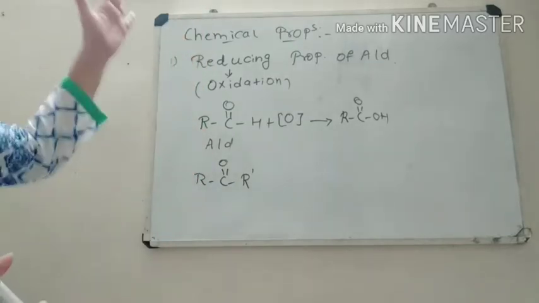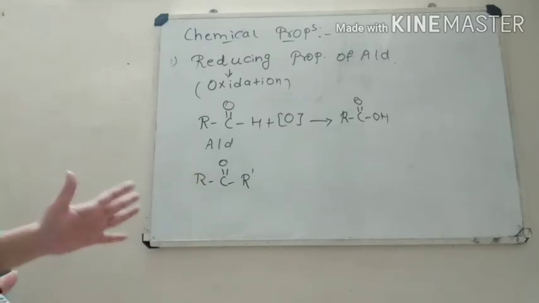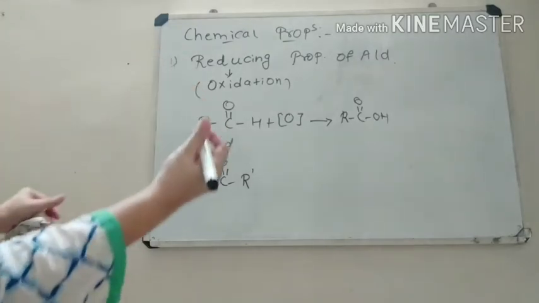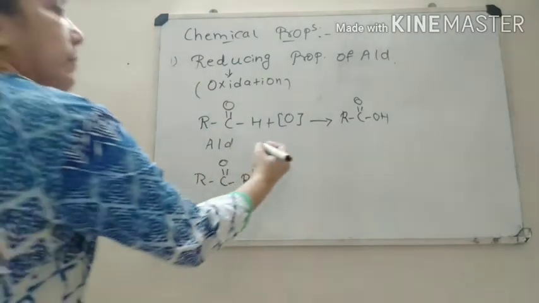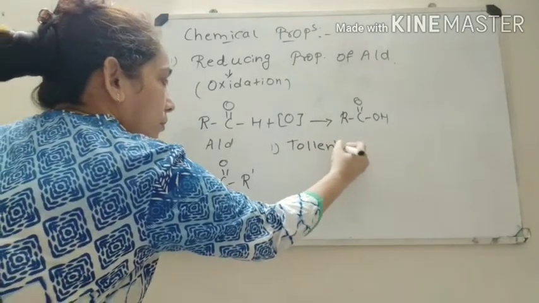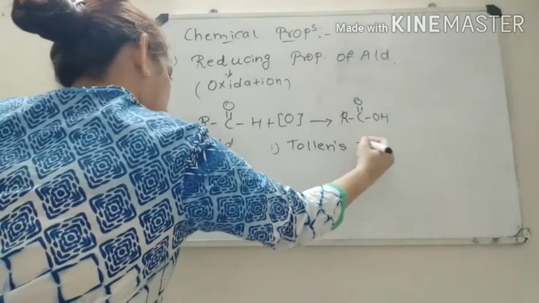How many reducing properties of aldehydes are there? There are 3 reducing properties of the aldehyde. Which are those 3 properties? The first one is the Tollens test.